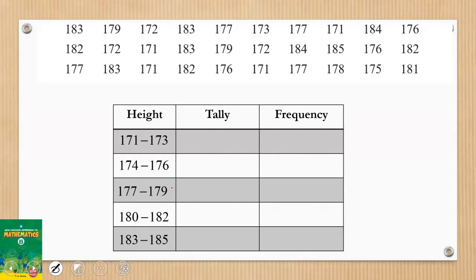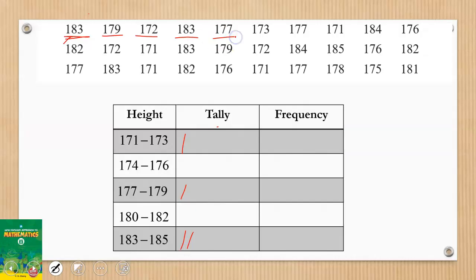In order not to mix any of the data, we need to introduce what we call tally, so that if I cross, let's say 183, then I strike where the 183 can be. 179 can be in this part or range. 172, where would 172 be here? Then 183 can be there, right?